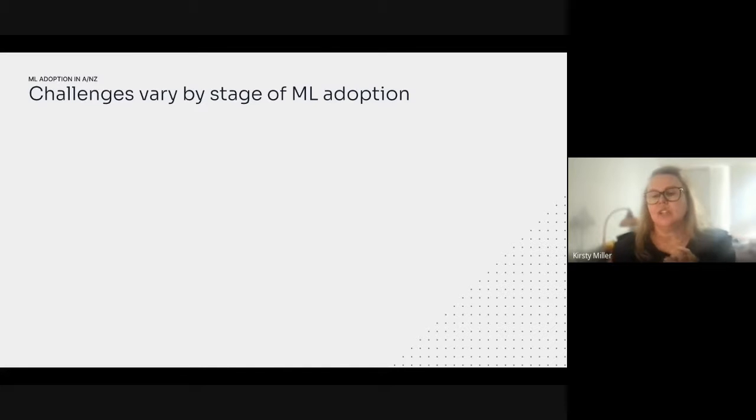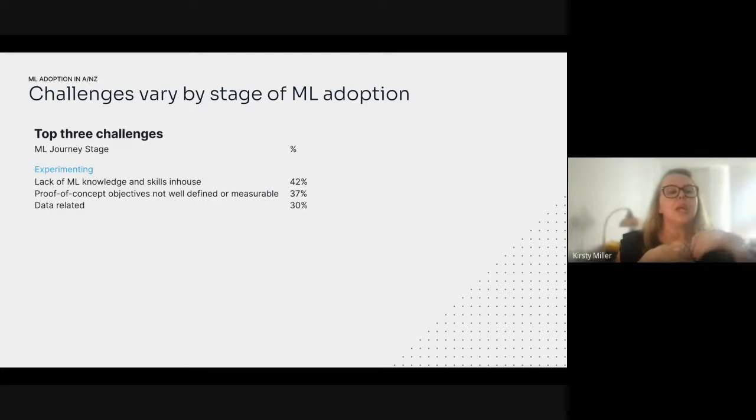In terms of challenges, what we've always found is that the challenges that affect your adoption of machine learning differ by what stage you are at, like what maturity. You have different considerations depending on what you're focused on.